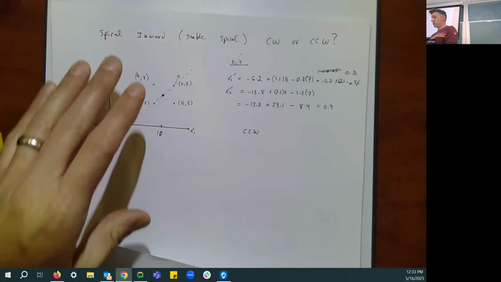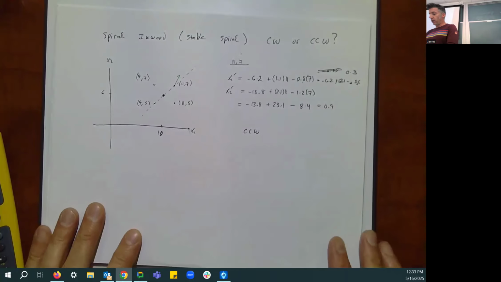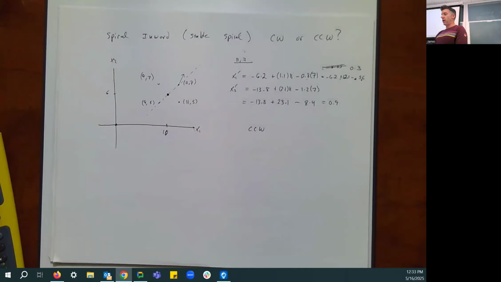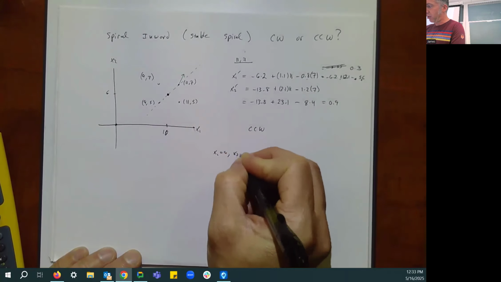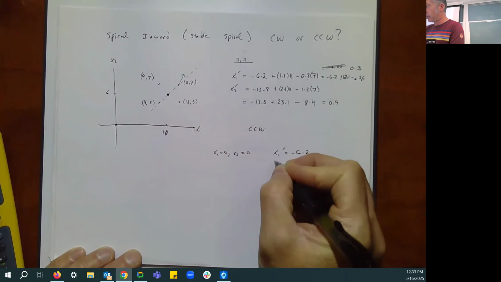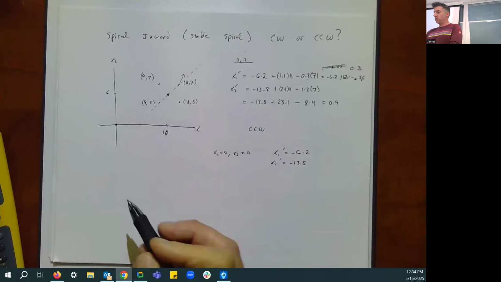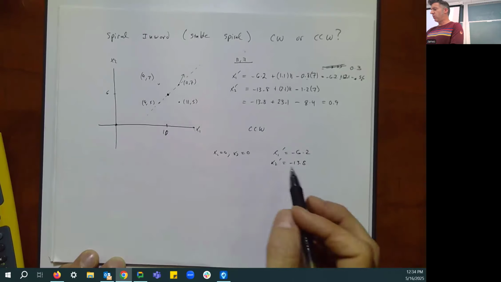If you still get the same answer, we can plot like 0, 1. So good question. In fact, if I plugged in 0, 0 over here, what would I get? If I plug in x1 equal to 0, x2 equal to 0, I should get x1 prime equal to negative 6.2 and x2 prime equal to negative 13.8, meaning I'm going left and down, but more down than left, almost like twice as much down.